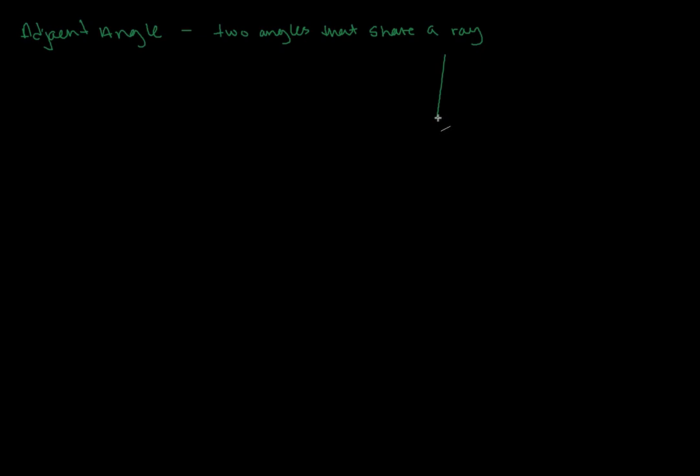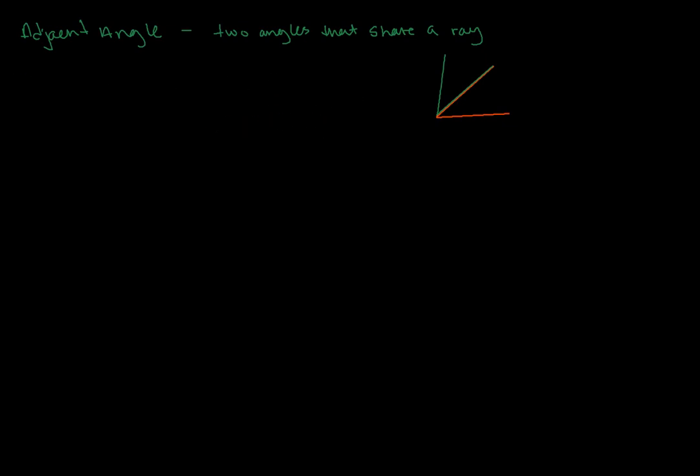Let's make this another color too. Let's say you had this line and then you had this line, right? And you could say that in the middle, if we had two angles, we could say that this angle right here, and then we can also take this angle right here and place them right next to each other.